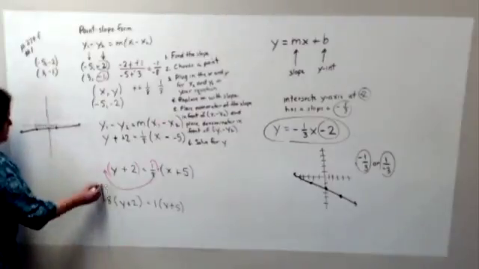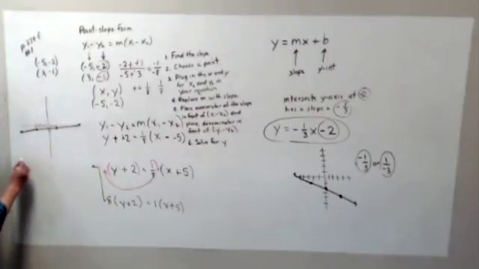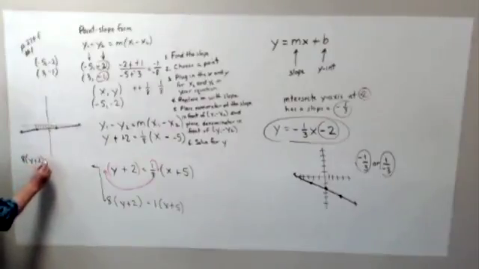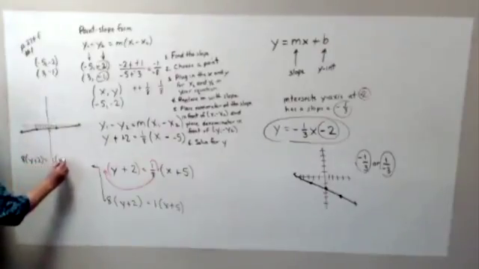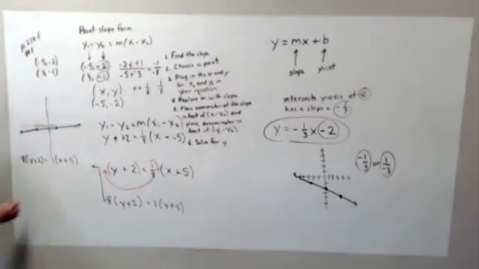I'm going to bring this up here so I have a little bit more room. Whenever we're solving, we distribute, get all our variables on one side, and then get our y alone.